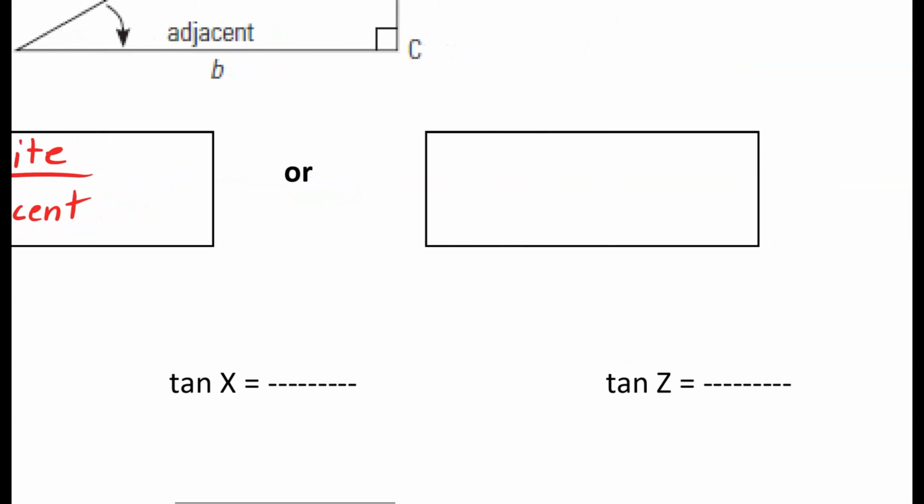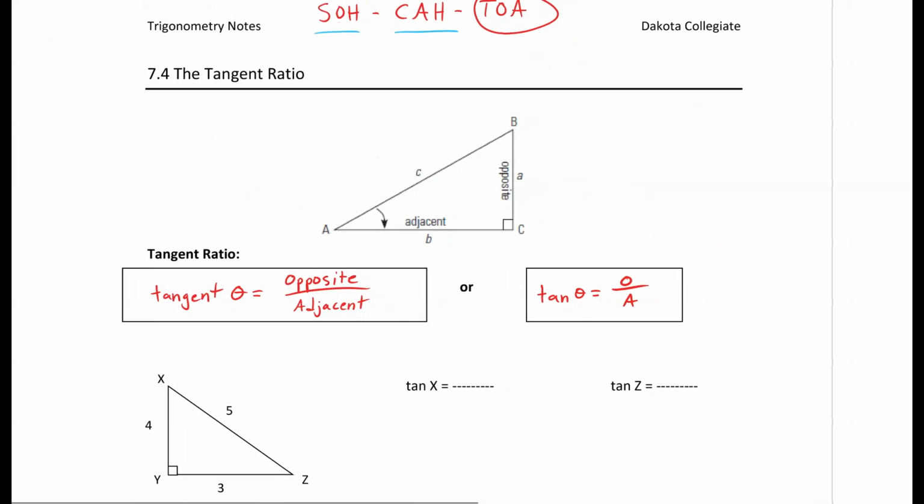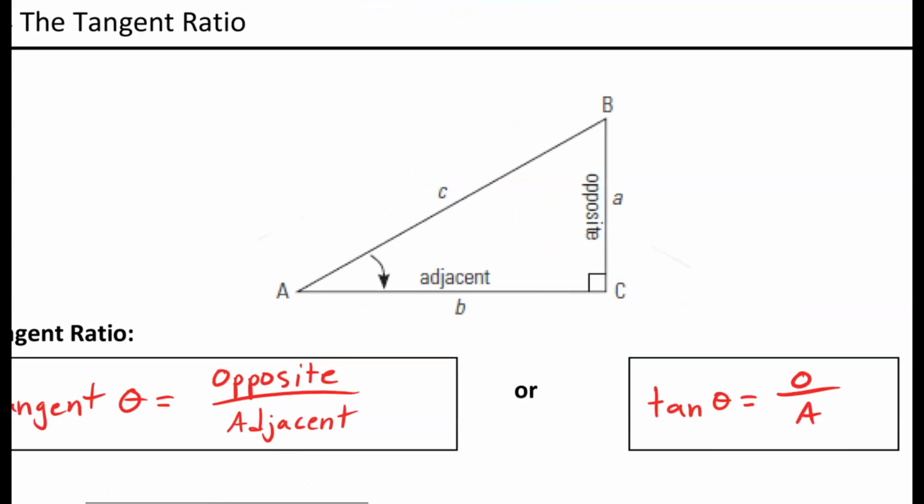Abbreviated, it would look like tan theta equals O over A. And that's where that TOA comes from. We have tan, so the T, and then the O for the opposite, and A for the adjacent. So that'll help you remember how to solve using the tan ratio.